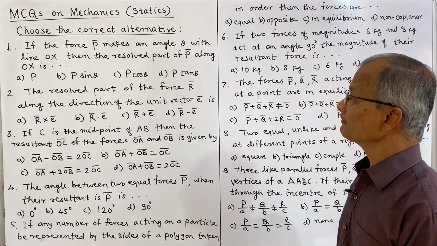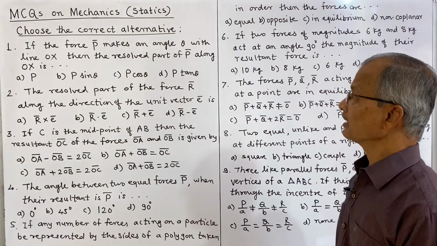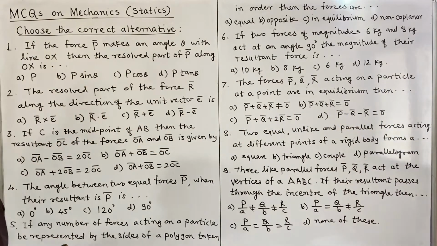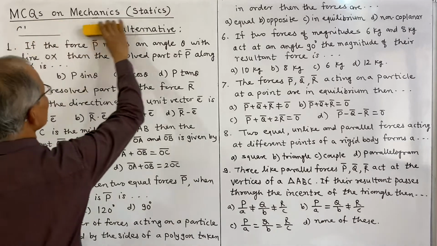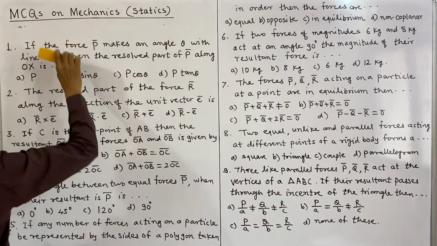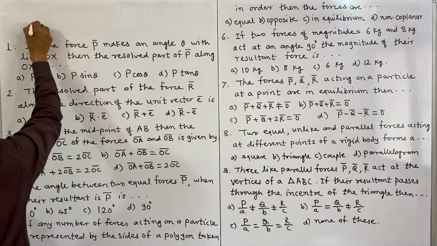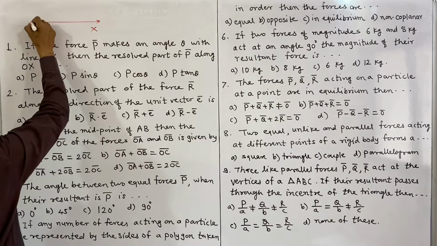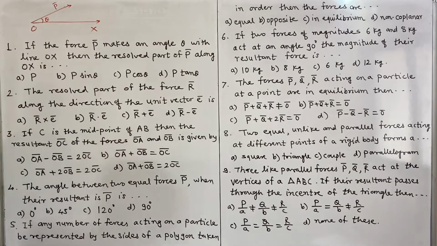The first question is: if the force P bar makes an angle theta with line OX, then what is the resolved part of P bar along the line OX? Suppose this is the line OX, which may be taken as the x axis, and the force makes angle theta with OX.